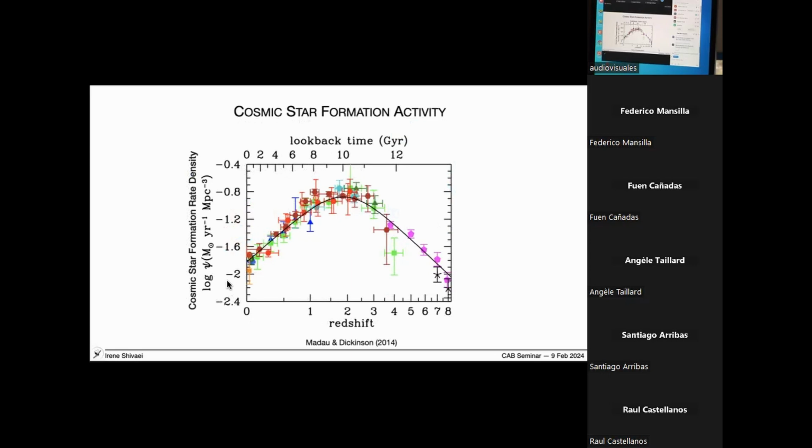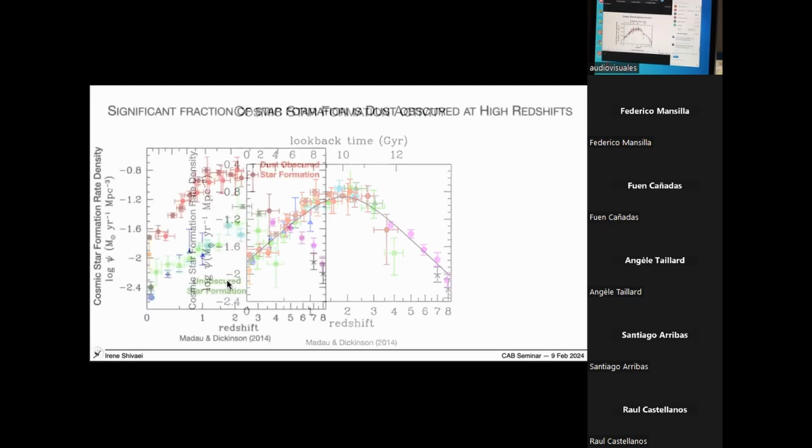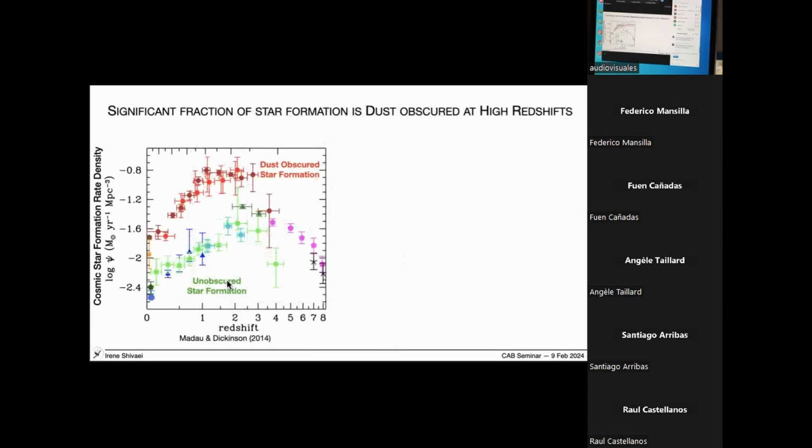But interestingly, if we separate this diagram into the obscured and unobscured star formation, you see that at least up to redshift of 4, where we have direct dust emission measurements, the star formation activity of the universe is dominated by the dust obscured phase.